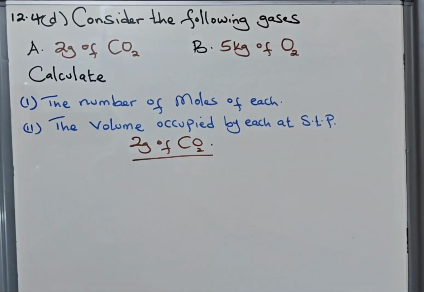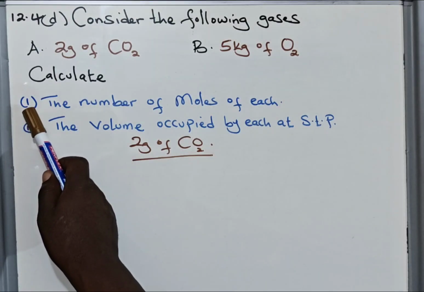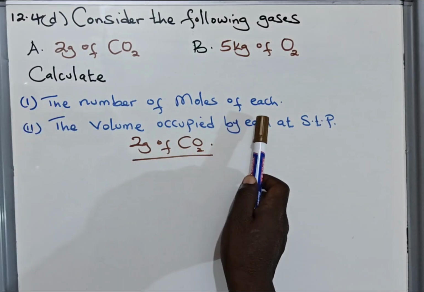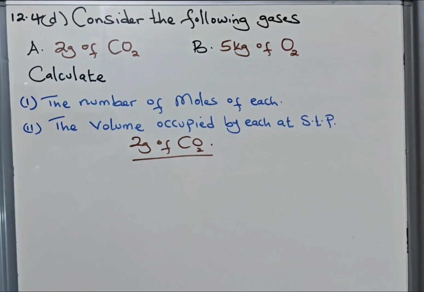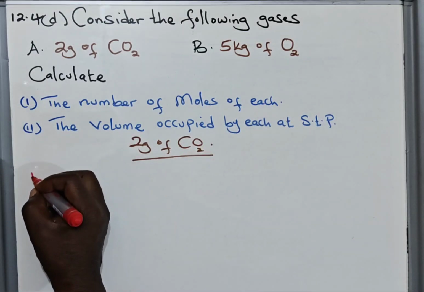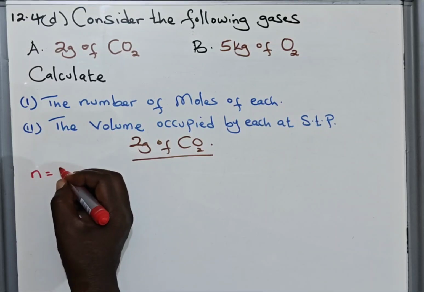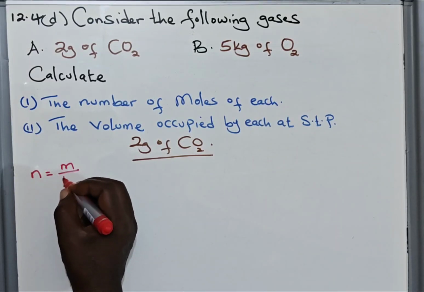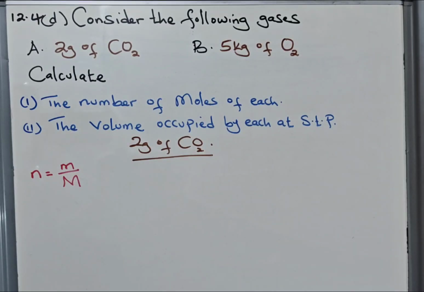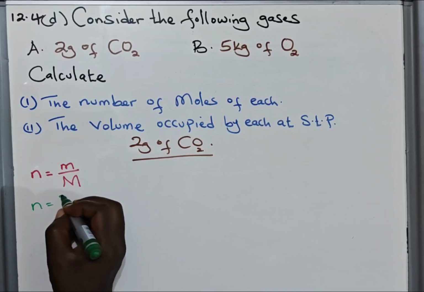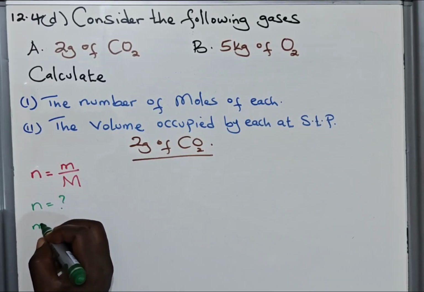If you look at question 1, the number of moles of the gas, here we have the mass and we're looking for moles, and we know the relationship. N, standing for number of moles, equals mass over molar mass. Do we know N? No, it's what we are looking for. But we know mass.